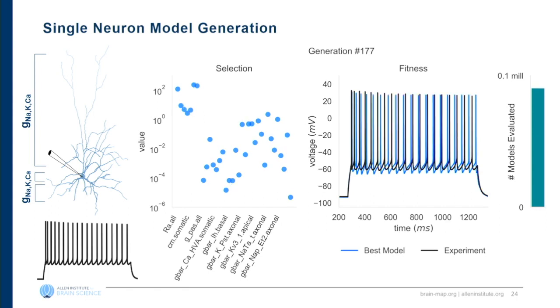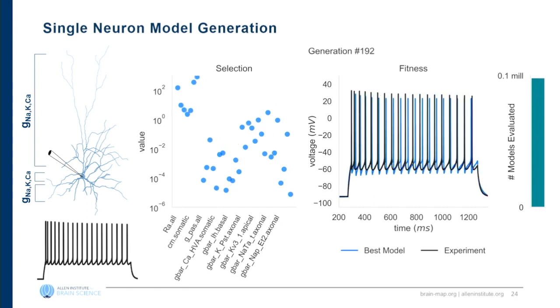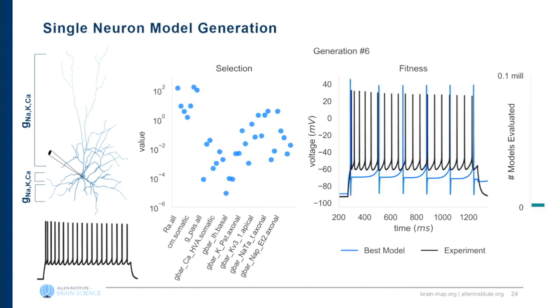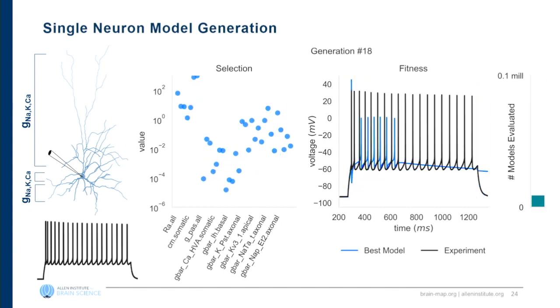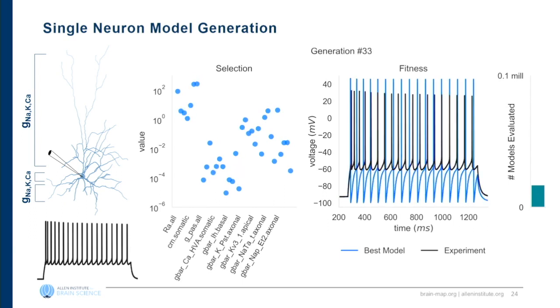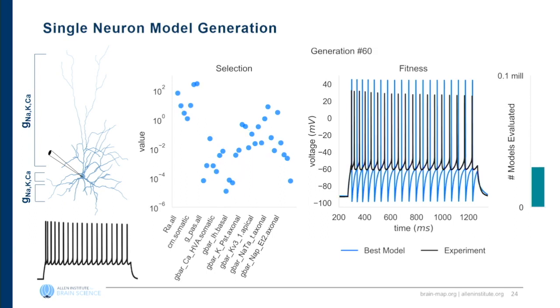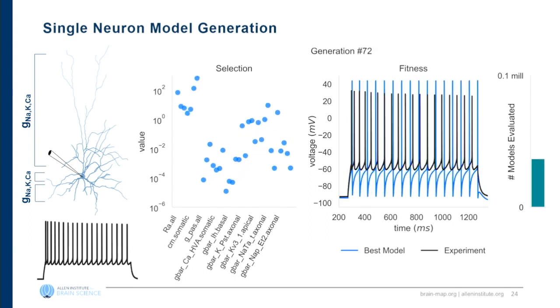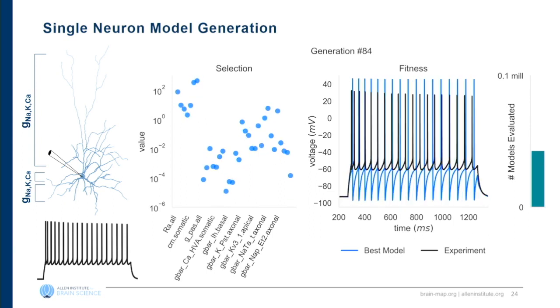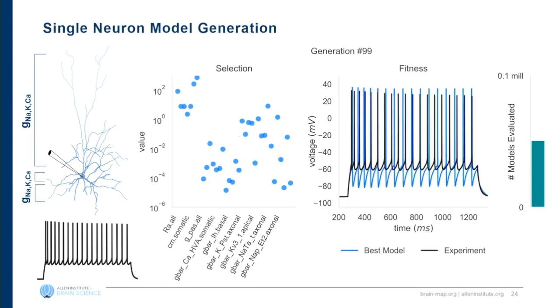Here I'm showing the algorithm in action. What it does, in an automated framework, is generate a massive number of models by sampling from the parameter space shown here, and then evaluate each model against the experimental recording until a suitable match is detected.